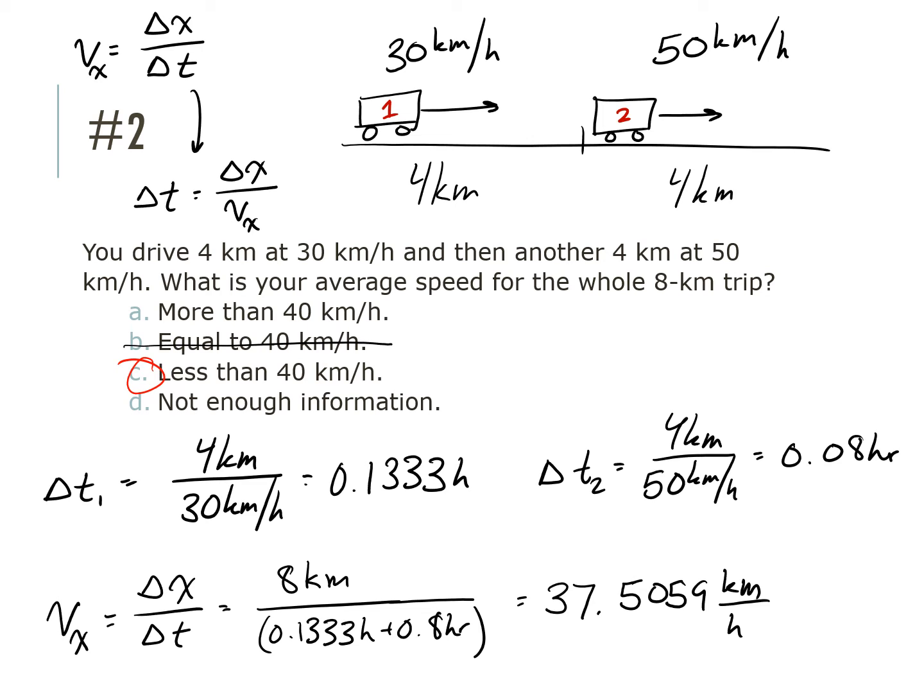We spend more time going 30 kilometers per hour than 50, so that is why A can't be the answer. We spend more time going slower. And then we were able to get an answer, so D cannot be the answer as well.